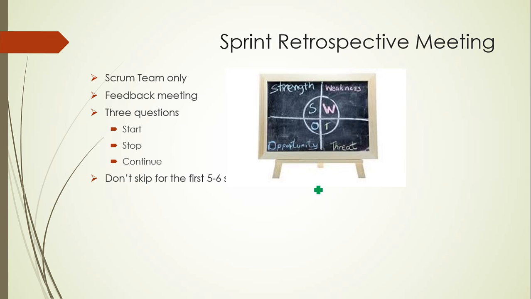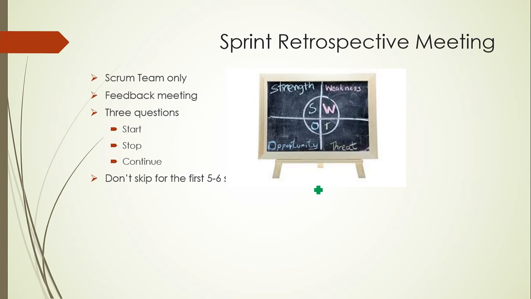In a lot of scenarios I have seen the development team skip this meeting. Actually, that should not be the case because the sprint review meeting and sprint retrospective meeting are the key implementation of the Agile fundamental, that is inspect and adapt.